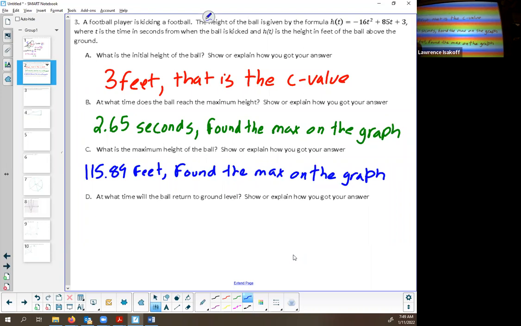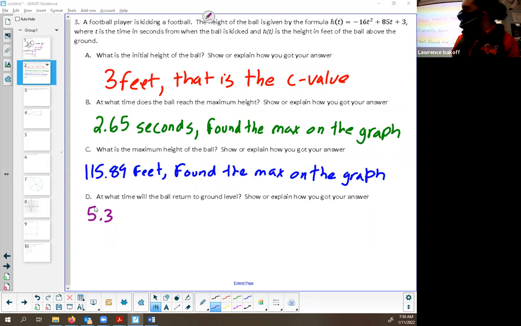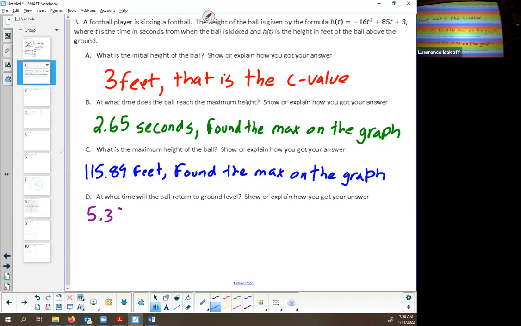So again, I just found that by looking at those. So that was 5.3, what was it, 5 seconds? Yep. You could have done the quadratic formula on this to get this as well.